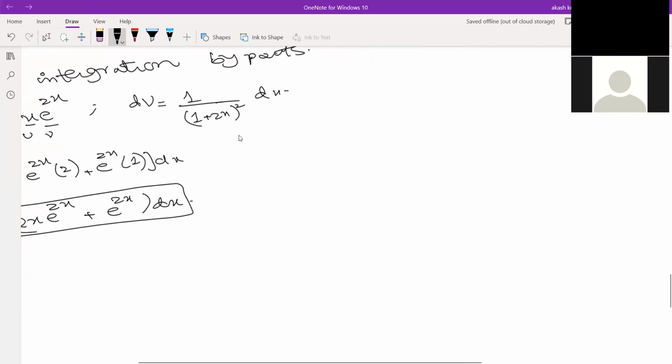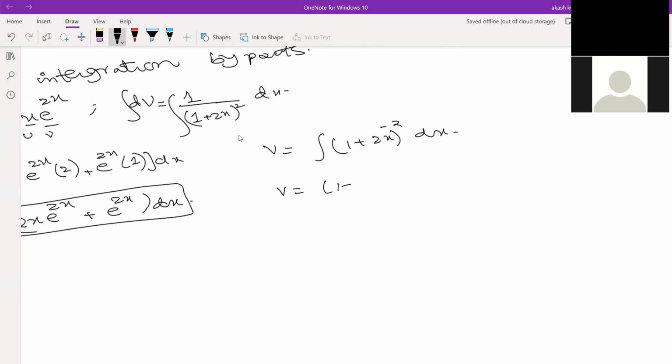Now checking the integral of this part, dv will become v, and 1 plus 2x to the power minus 2 dx. I'm taking the power to the numerator side, so it's going to be minus 2, and the integral will be 1 plus 2x. We have to add 1 to the power, so it becomes minus 1, and divide by the same power, and then we have to take the differential of the inside function.